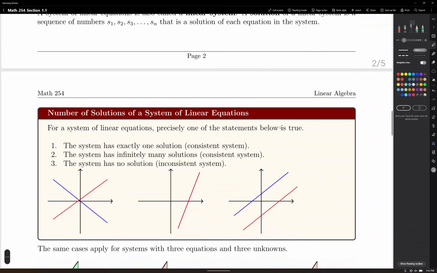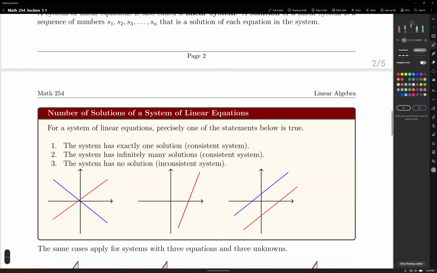This is basic algebra, right? Two equations with two unknowns. Those are two linear equations, two lines, and there are three possible scenarios. Geometrically, these lines may intersect, may overlap, or may never intersect.